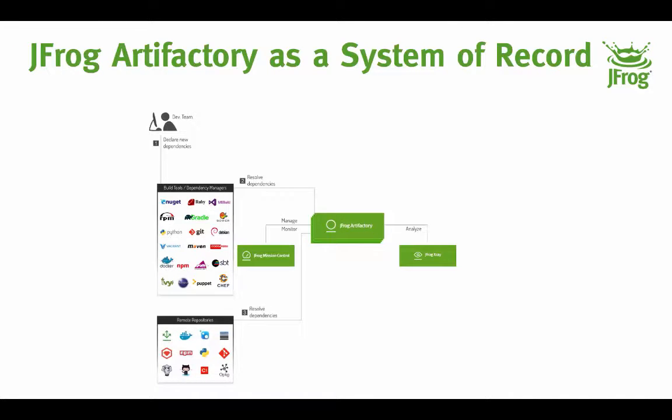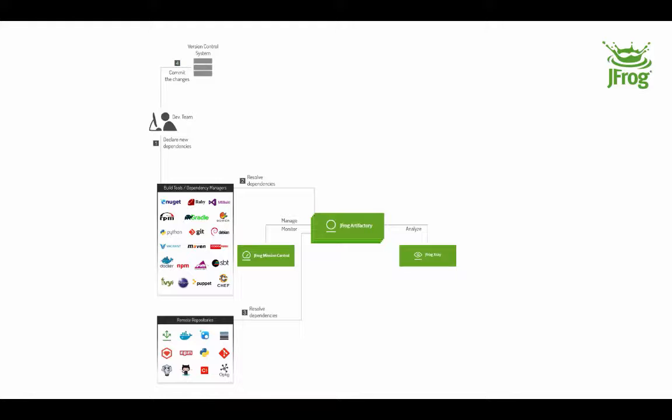If this dependency is new and was never used in the organization or against this Artifactory instance, then Artifactory will try to resolve the dependencies from the remote repositories like JCenter or Maven Central for Java, NPM Registry, Docker Hub, NuGet Gallery, etc. Once those dependencies are resolved and cached in Artifactory, the build will succeed, and the developer will be ready to commit the changes to the source control.